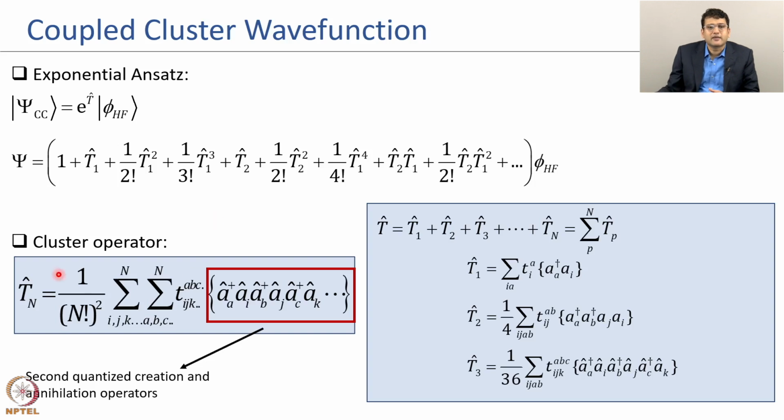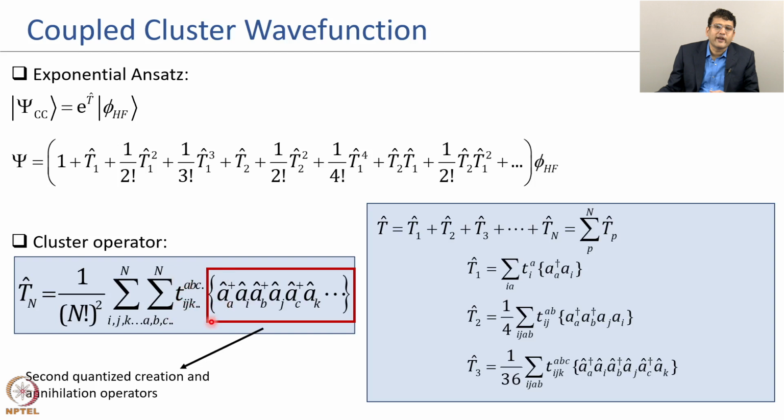Now, this cluster operator has two parts. The first part is the cluster amplitude and the second part is the creation annihilation operator. This creation annihilation operator acts on the Hartree-Fock determinant to generate the excited determinants, and these T amplitudes, this small t, are called amplitudes or sometimes ansatz also.